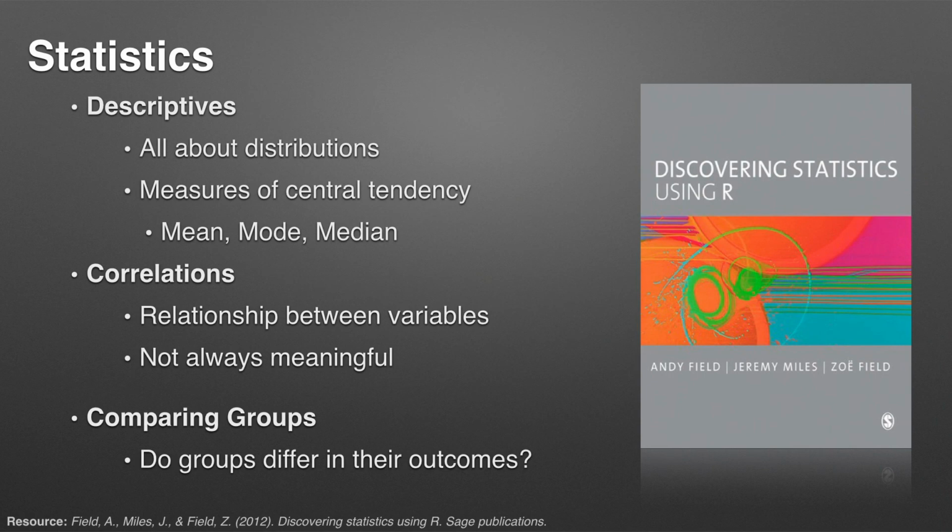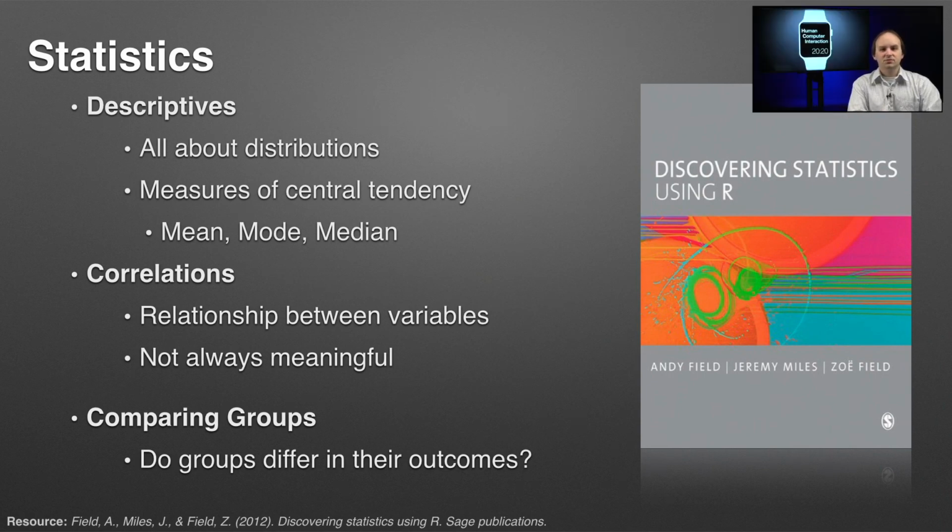So, talking just a little bit about what we'll cover today. We're going to start with descriptive statistics, so just describing sets of data. We'll talk about some of the measures of central tendency, so things like the mean, median, mode of data. Then we'll move into talking about correlations, so how one variable or one measurement might relate to another.